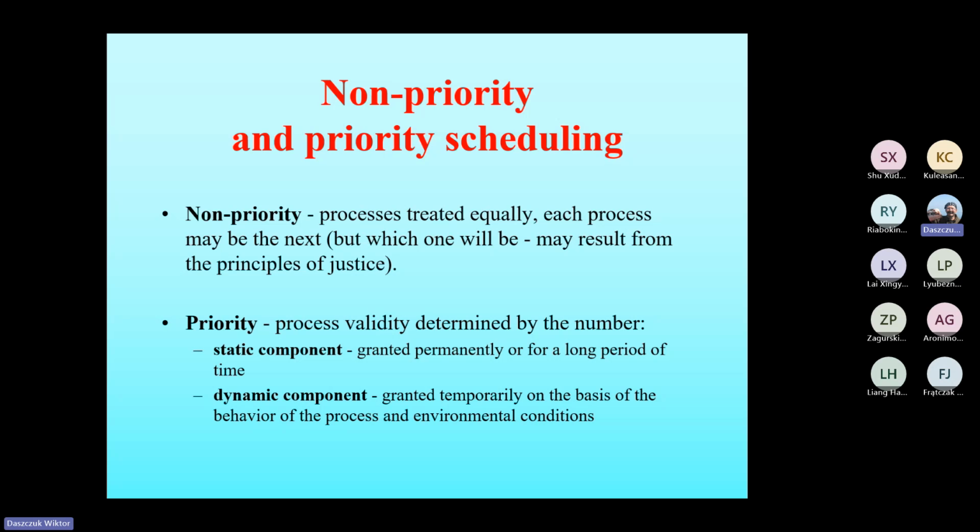Priority can be static. That means that we give some priority when the process starts, and the process continues with the same priority. Of course, we can change the priority, but it requires some intervention. The dynamic component of priority is some number that changes according to the circumstances that currently are in the environment of the process.